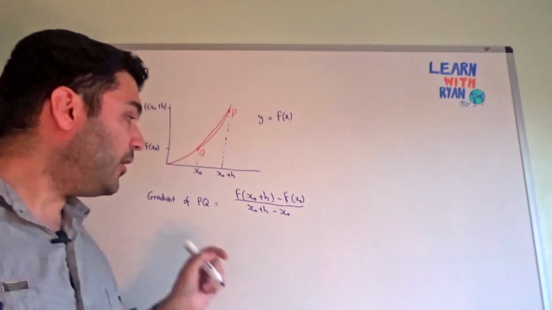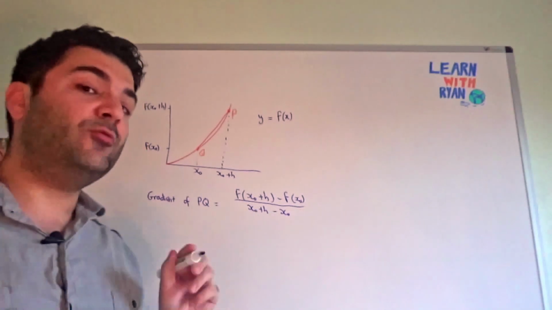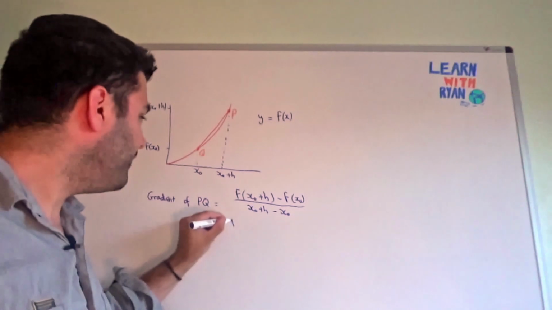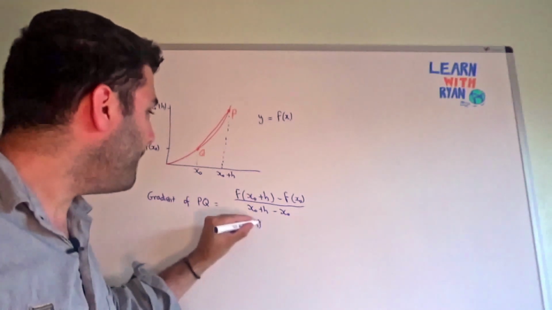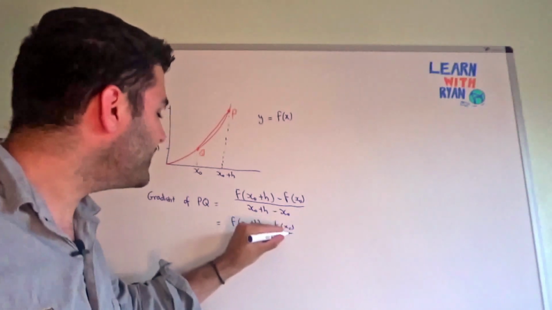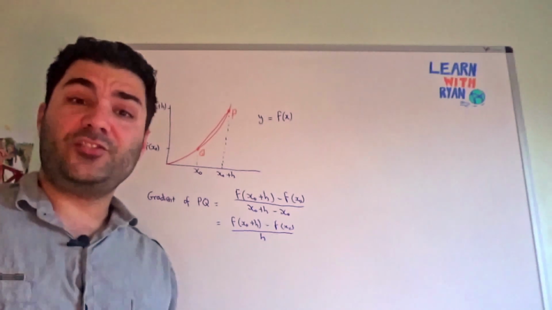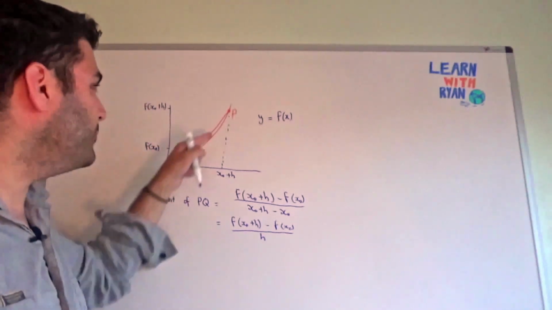Notice that on the bottom the x naughts cancel out, so what we are left with on the bottom is just h. So we've got f of x naught plus h minus f of x naught, divided by h.